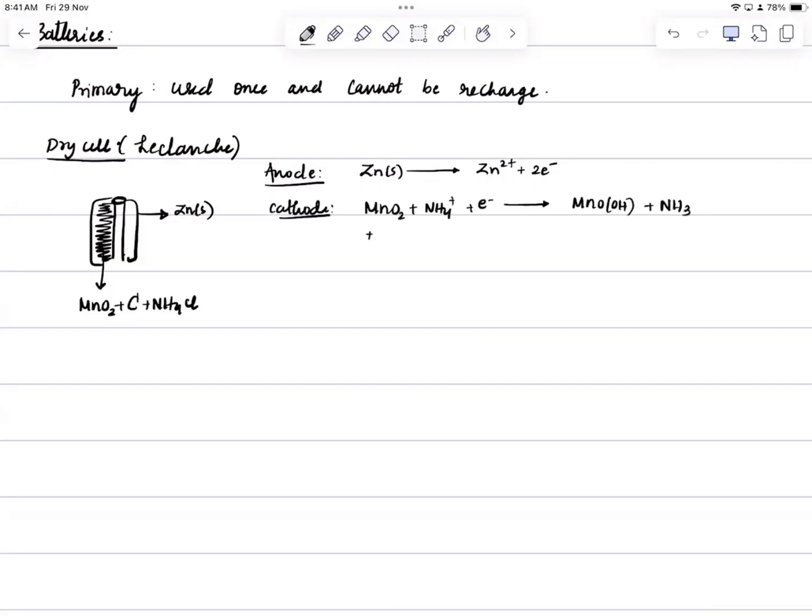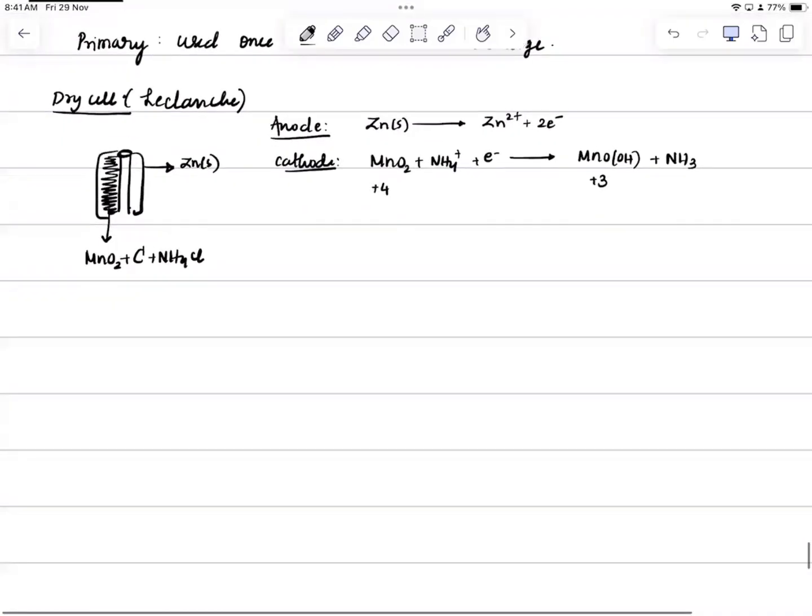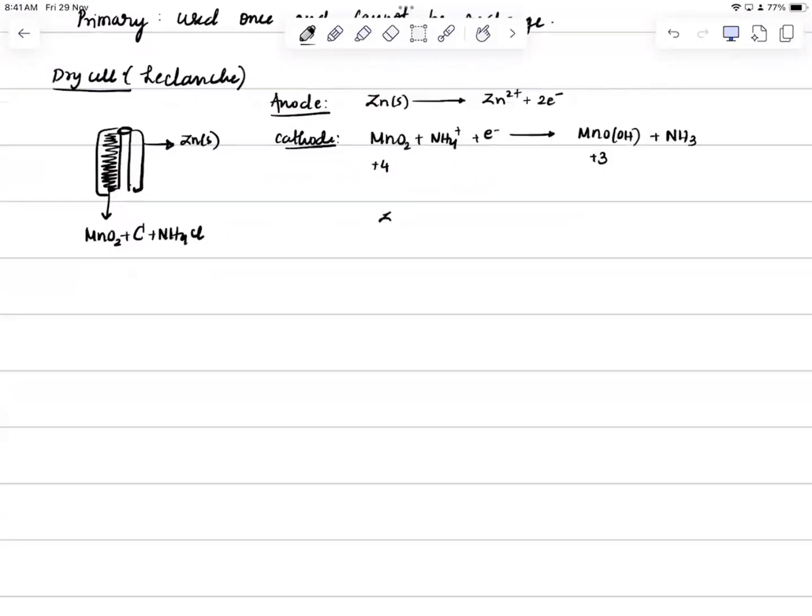So if you notice, the oxidation state changes from +4 to +3. And Zn2+ eventually will combine with the ammonia that has been released and convert itself into a complex. This is the final form of zinc which you will notice.